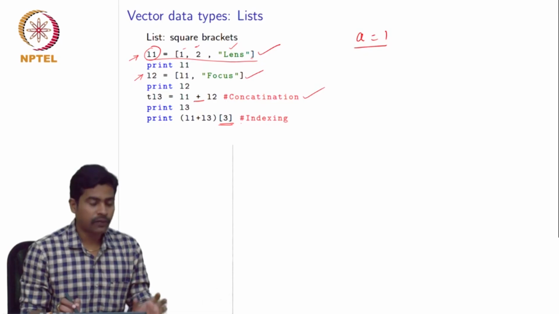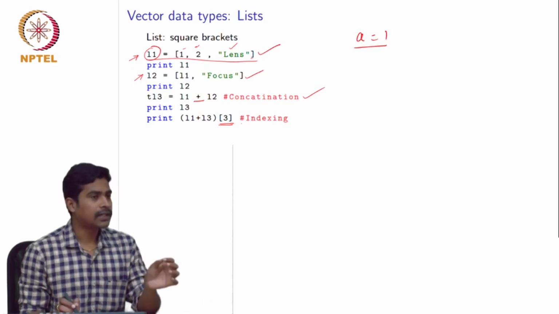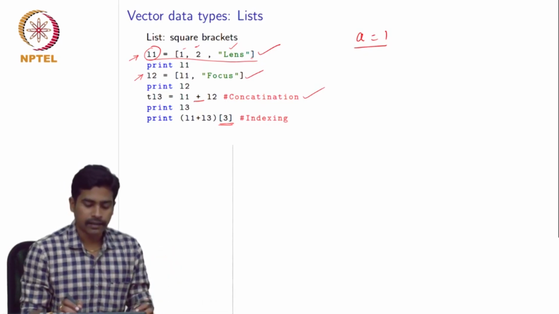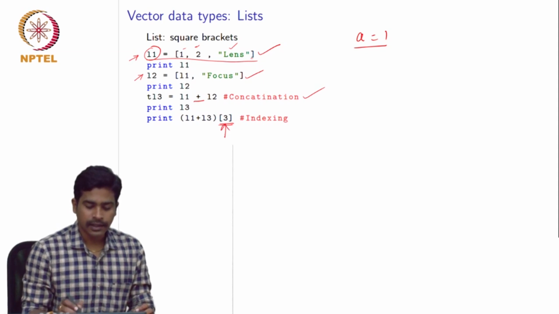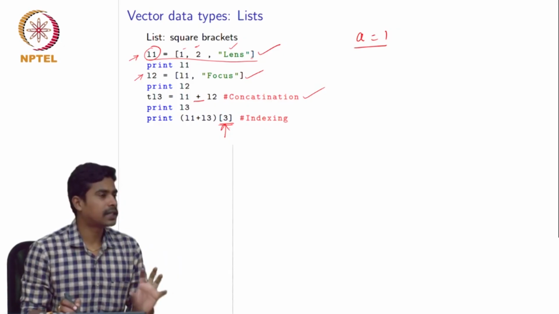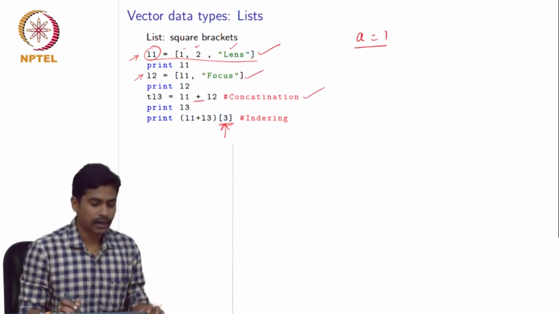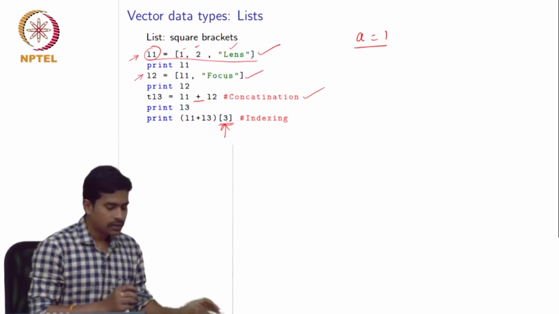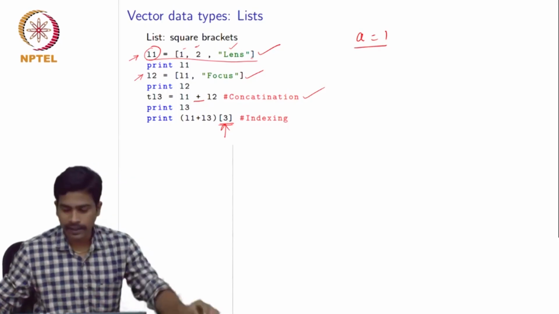Similarly, if you want to find the nth member of a list, you have to use again the index inside open and closed square braces, and again the indexing starts from 0, okay, not from 1 as in MATLAB. So now let's try these commands in the Python shell.